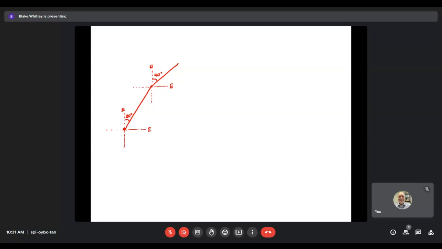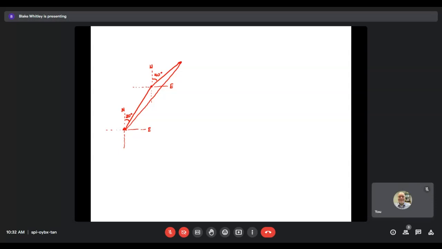Now, what we're trying to find is from his starting point at that airport to where he actually landed, what is that total distance? So we're looking for this length right down here. And so we do have a triangle here. So we're going to need some more information about this triangle to be able to figure out that distance.